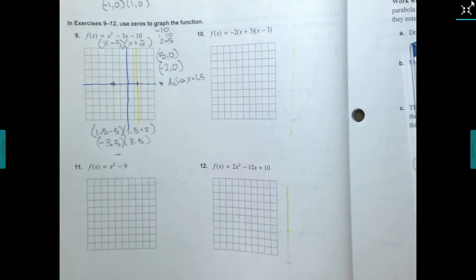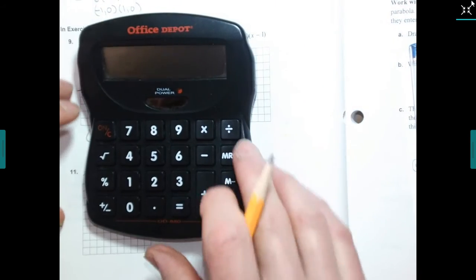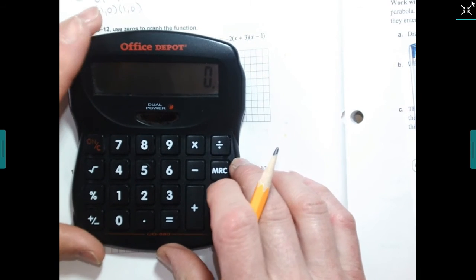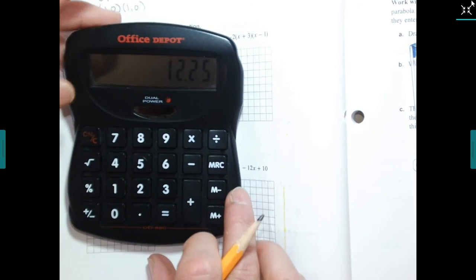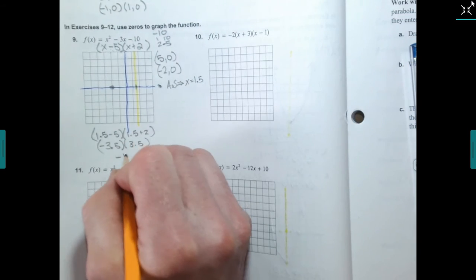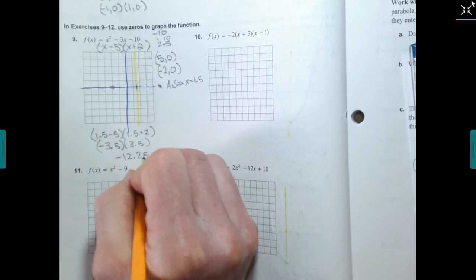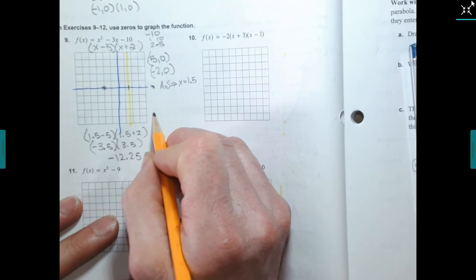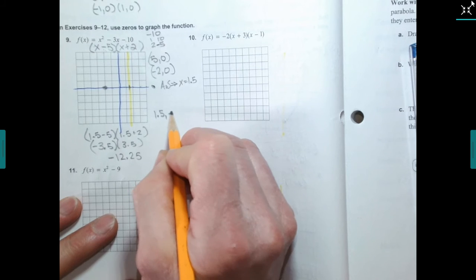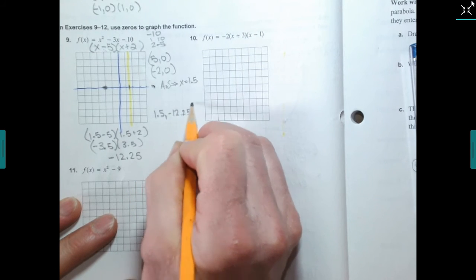Let's just make sure. 12.25. So we have negative 12.25. So we have 1.5, negative 12.25.